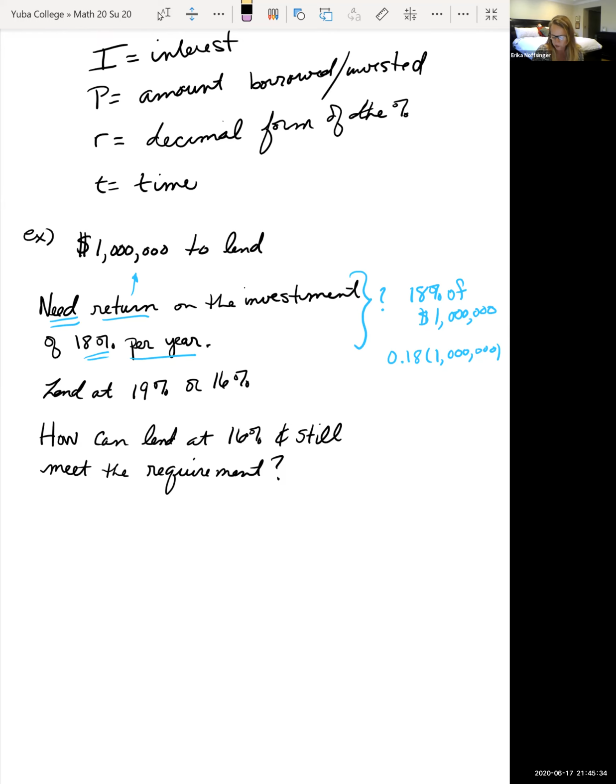Ignore my decimal: 1 times 18 is 18, and then I would carry all my zeros, but this decimal would move it over twice, so actually I have 2 fewer zeros. That would mean I have 4 zeros left, which means it's 180,000. So we need a return.